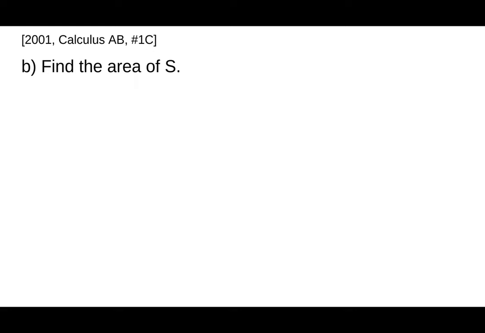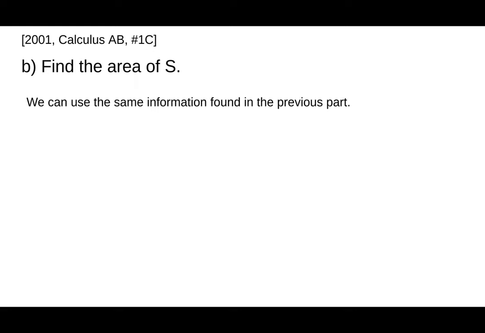In part B, we are asked to find the area of region S. We can use some of the same information that we found in the previous part. We know where the two functions intersect, the point A comma B with the coordinates that we found. So the area of region S would just be the integral from 0 to A of 2 minus x cubed minus tangent x dx.